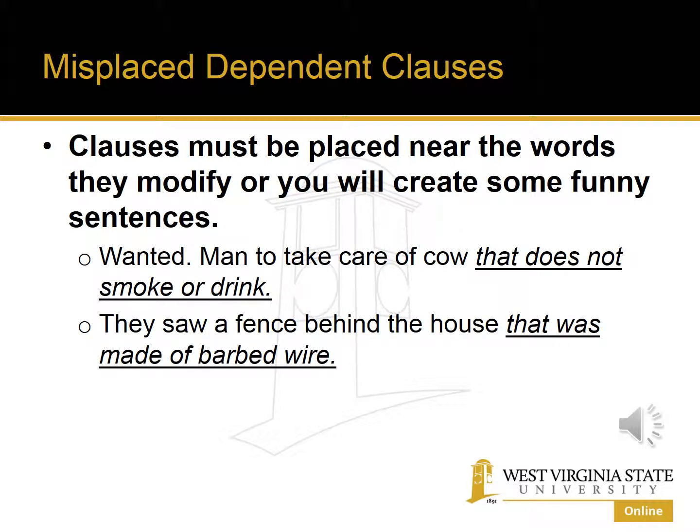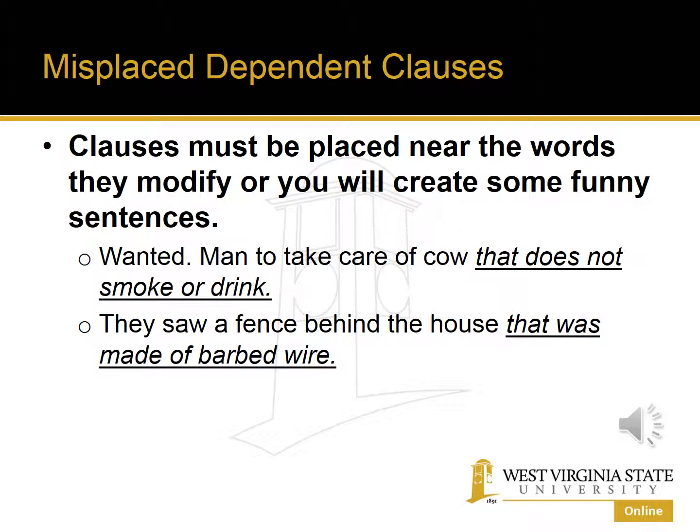Now here we have a second sentence. They saw a fence behind the house that was made of barbed wire. Once again, if I'm writing and thoughts are coming into my head, I might write something out like this without really realizing that I've mislocated the modifier, because in this sentence I am saying that the house is made of barbed wire when it's clearly the fence that's made of barbed wire.